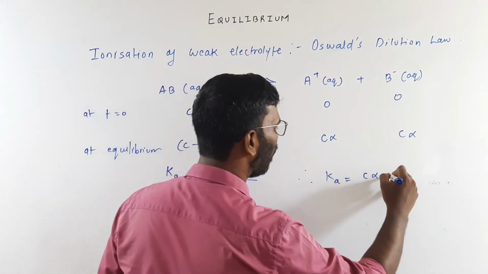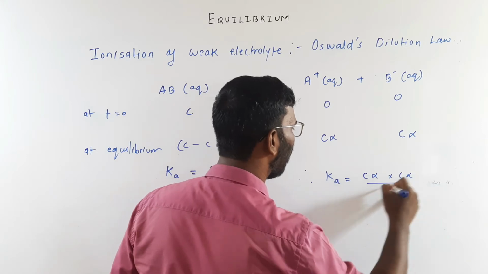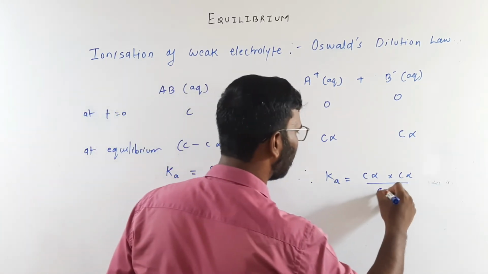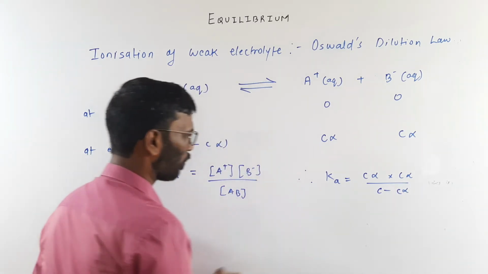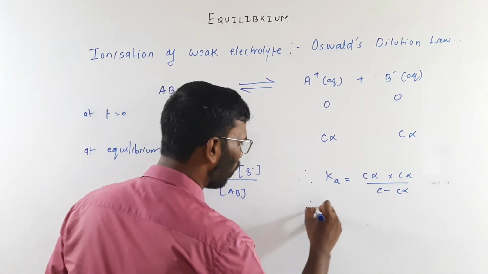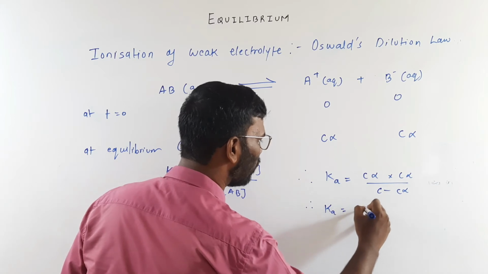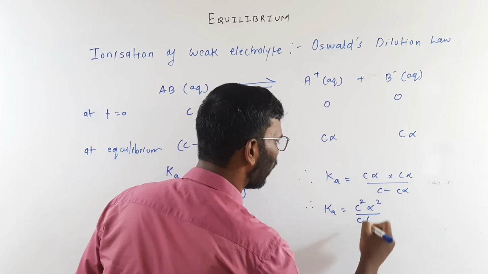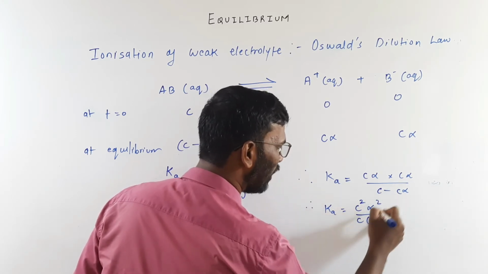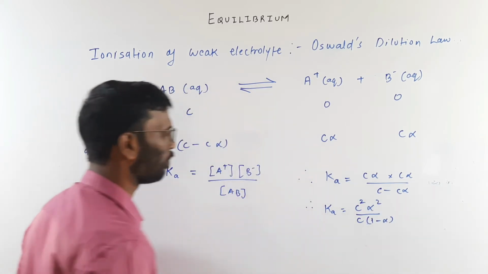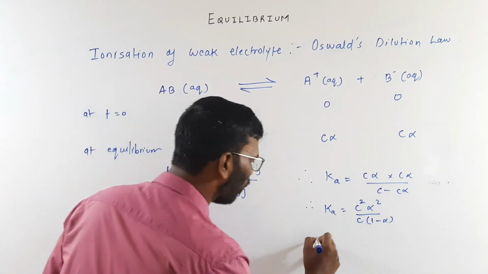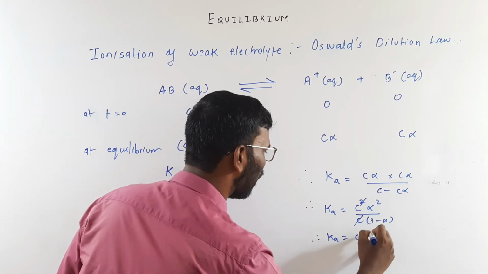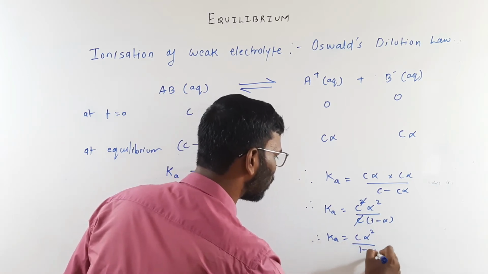C alpha multiplied by C alpha divided by C into, sorry, C square alpha square. I am taking C common, so 1 minus alpha. Therefore, Ka will be equal to, one of the C will get cancelled, C alpha square upon 1 minus alpha.